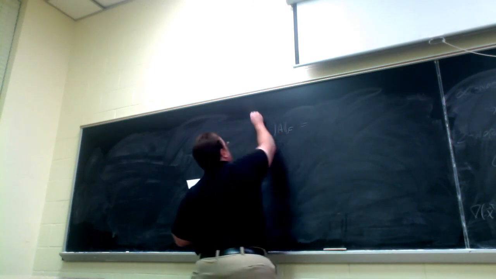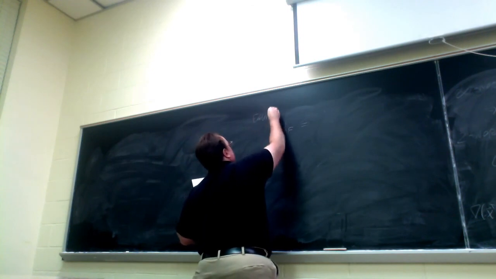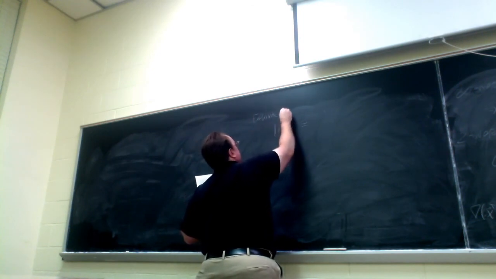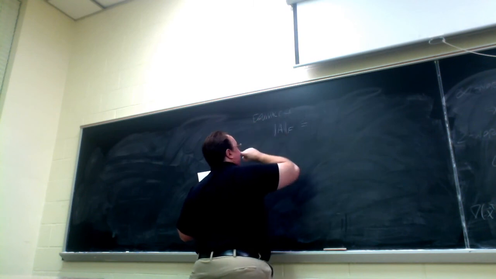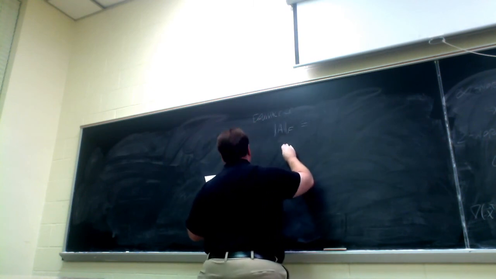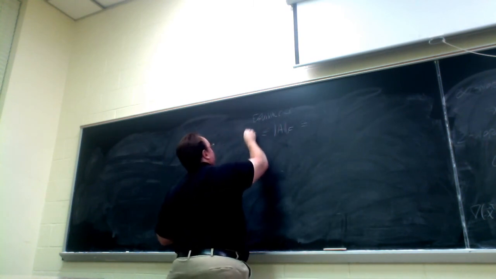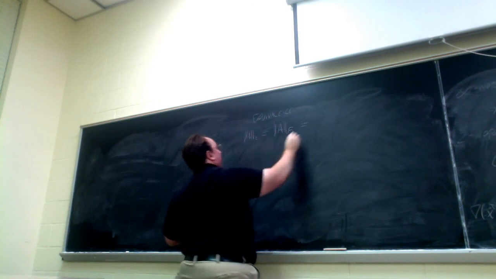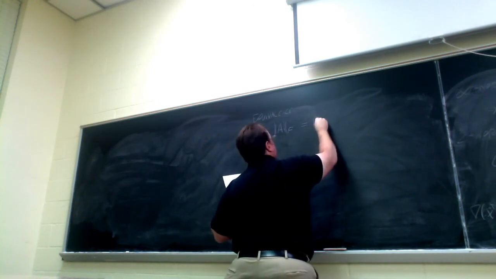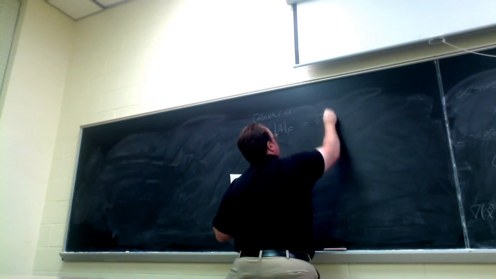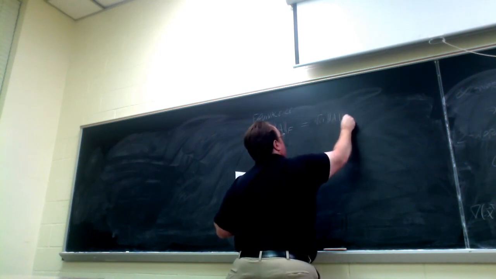So, for equivalence of matrix norms, the Frobenius norm is greater than or equal to the 2 norm, and less than or equal to square root of n times the 2 norm.